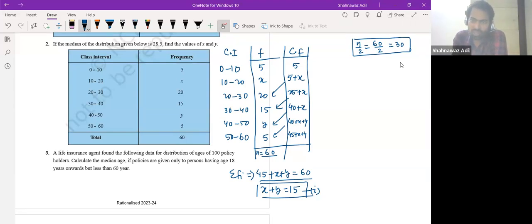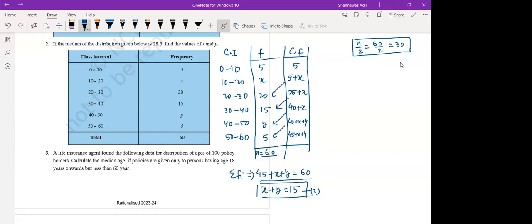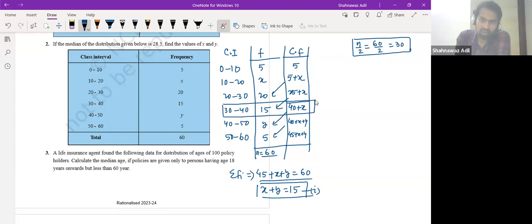Where will this 30 be? In which model class? 30 to 40, right? So in here it would be... but the median is already given, right? Yes, the median is already given. What is the median? 28. Oh, so this would be in here, right?